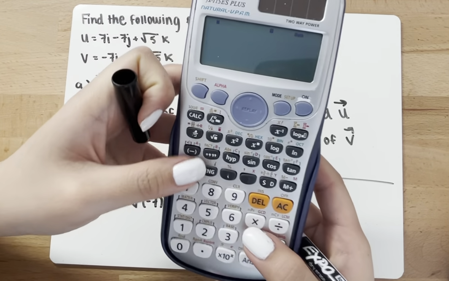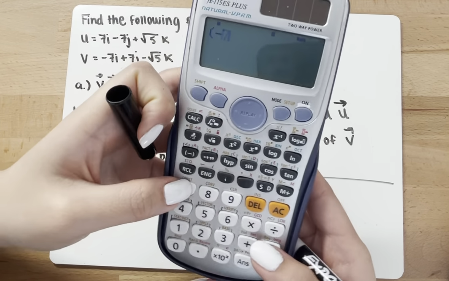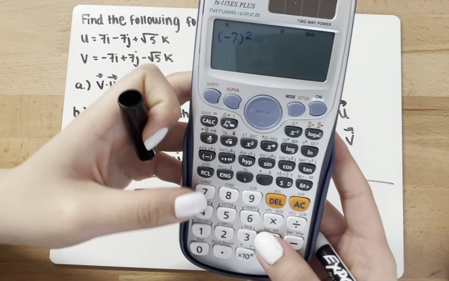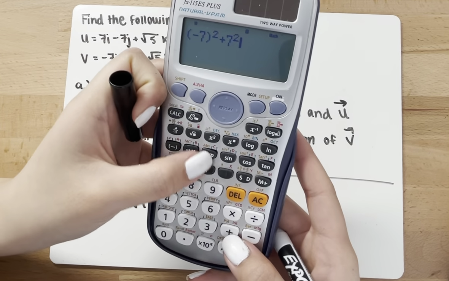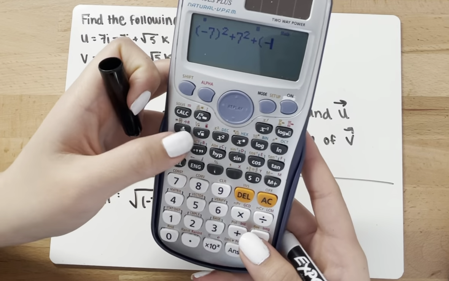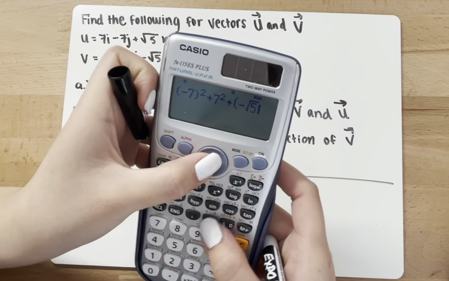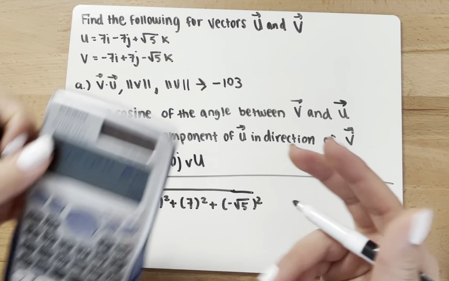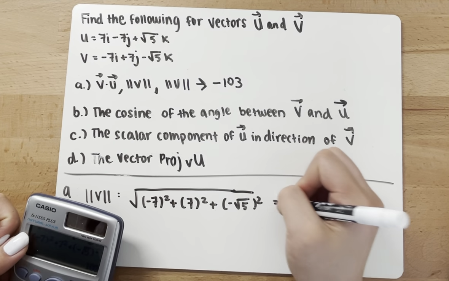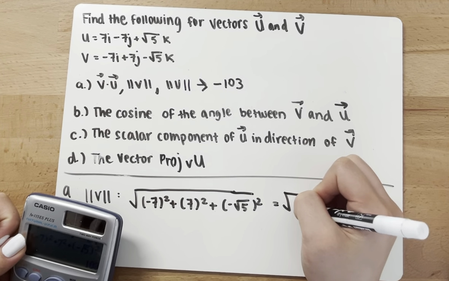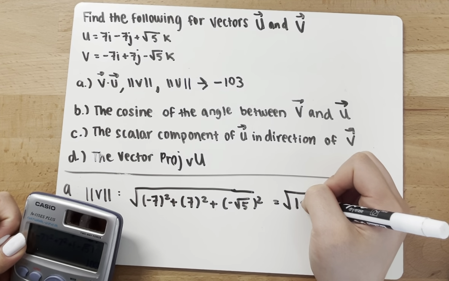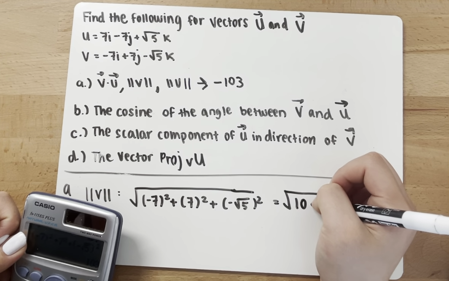If you plug that into the calculator, you get 103. So the magnitude of v is going to be the square root of 103.